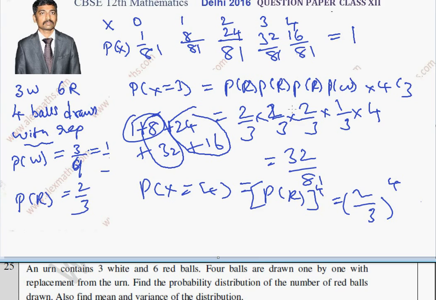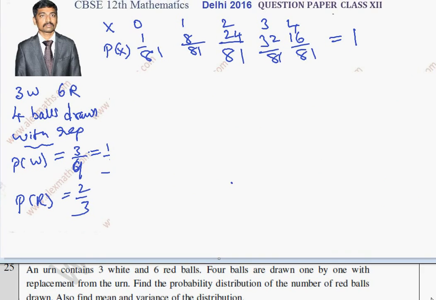Now we have to find the mean and the variance. For finding the mean, the formula is E of x equals sigma xi pi. So we have to multiply the probability and the x value. The first term if we multiply is 0.